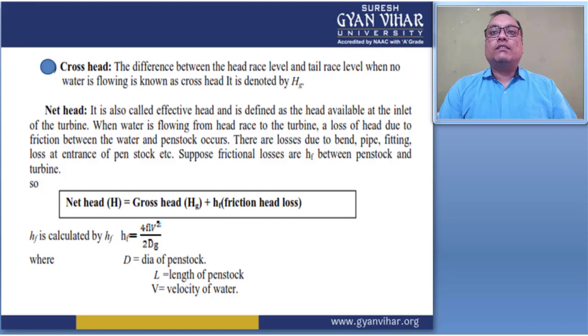In this case, the jet will hit the splitter of the buckets, which will distribute the jet into two halves of the bucket, and the wheel starts revolving. The kinetic energy of the jet is reduced when it hits the bucket, and this kinetic energy of the jet is converted into the bucket.